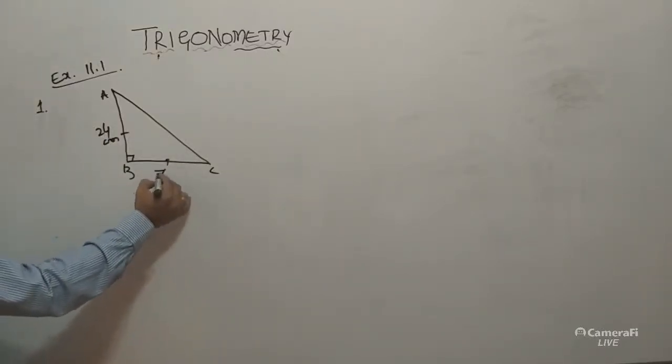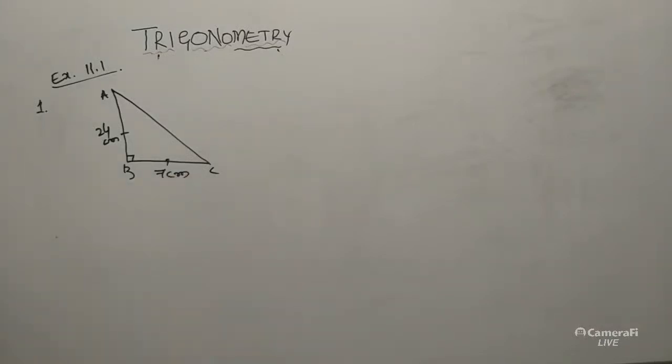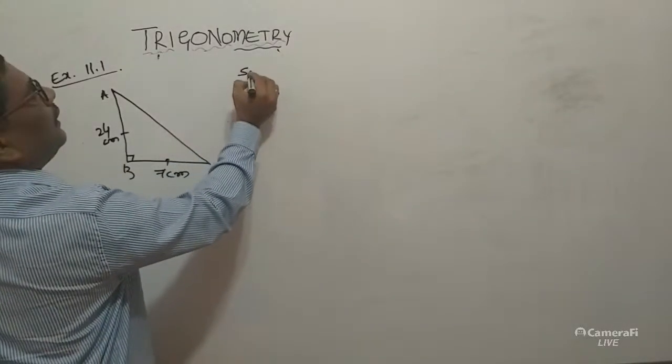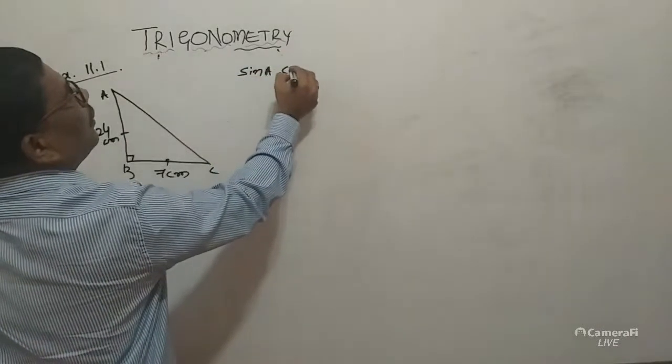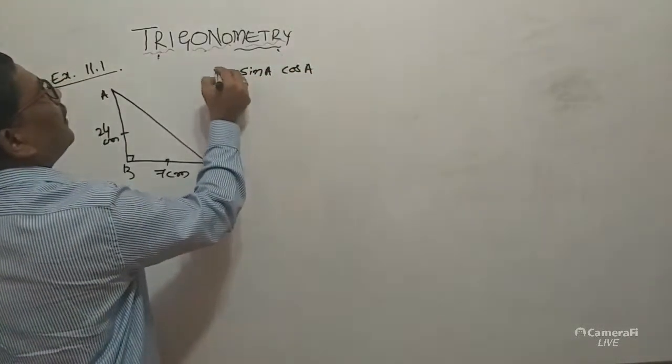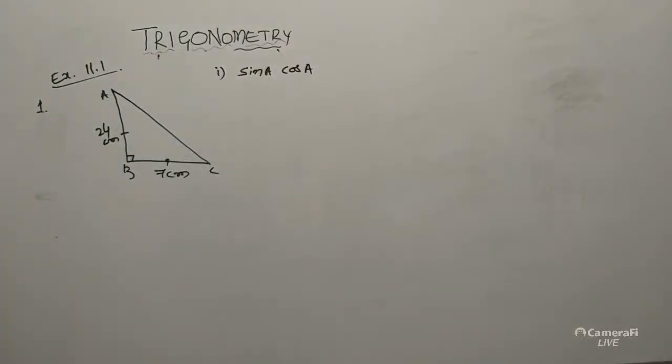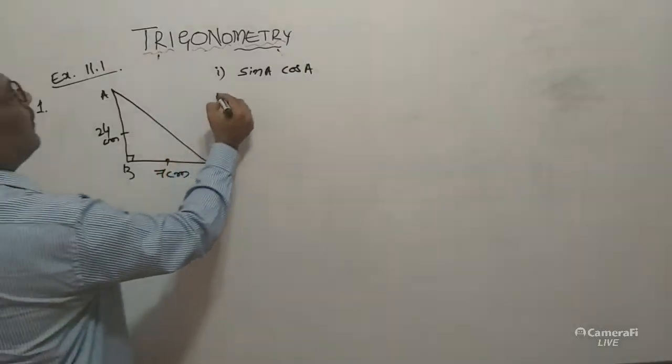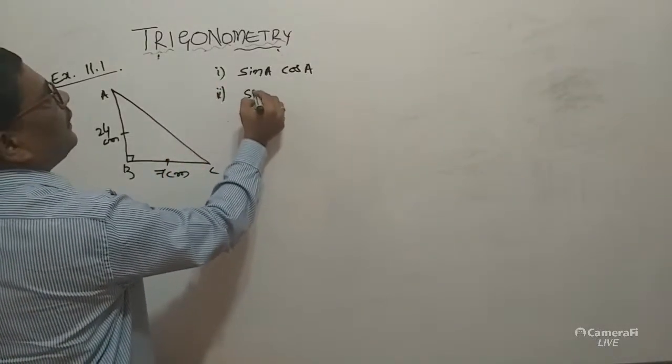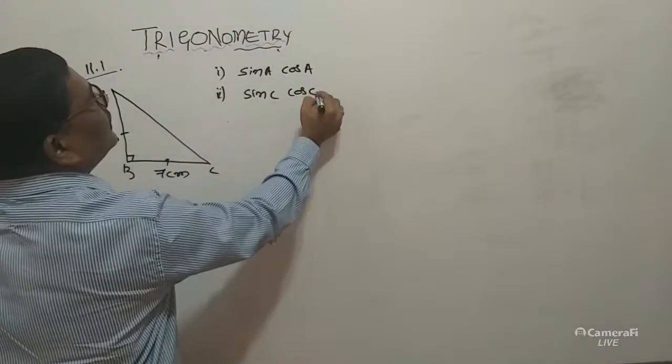The BC value is given as 7 centimeters, and we have to determine sin A cos A. This is the first question. And the second one is sin C cos C.